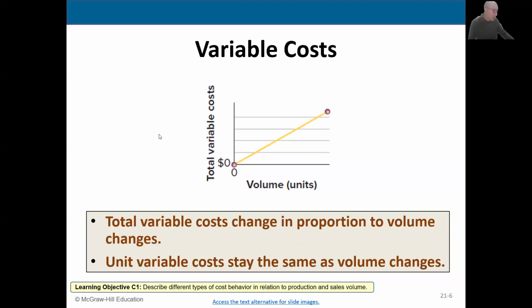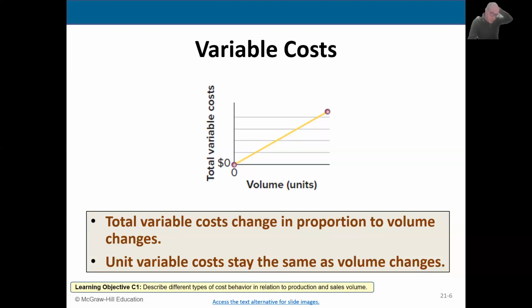And of course, as I had mentioned, we also consider what we call variable costs. Variable costs change with the level of activity. Okay? Here's what we mean by this.